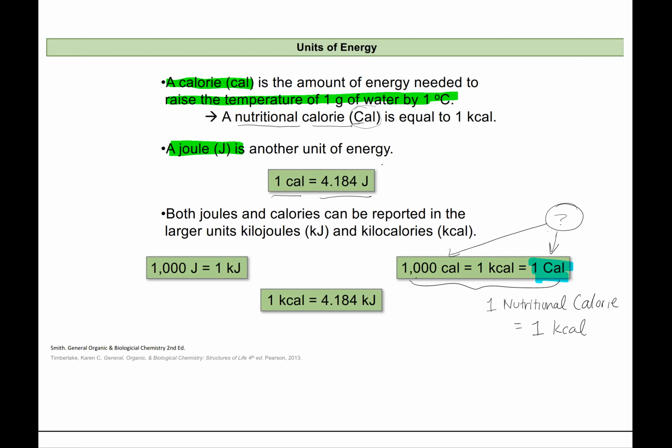And these both can be treated just like the metric system, using prefixes to increase the magnitude. So we can have kilojoules and kilocalories, microjoules and microcalories. These are the conversions to get comfortable with, and that we can now use to convert in the same way we've been using dimensional analysis throughout the quarter.